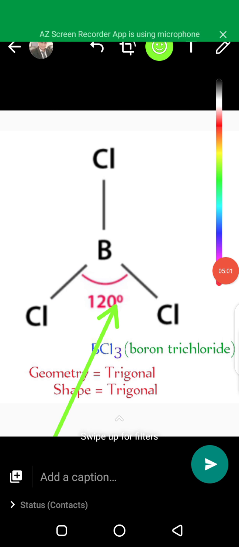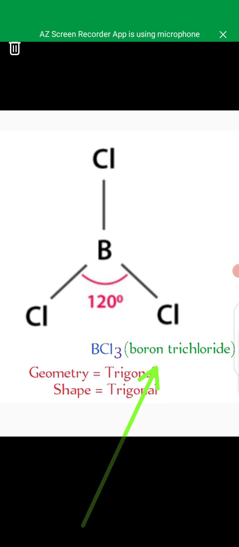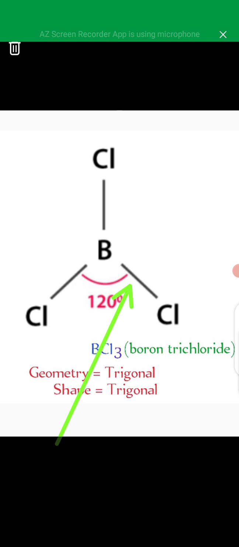Now, dear viewers, consider this example, for instance boron trichloride. If we draw the structure of boron trichloride, it will be like this. Boron has one bond with chlorine, a second bond and a third bond. Look, this is the central atom and there isn't any lone pair of electrons. In the previous point I told you that if we do not have any lone pair of electrons on the central atom, the geometry and the shape of that molecule will be the same.